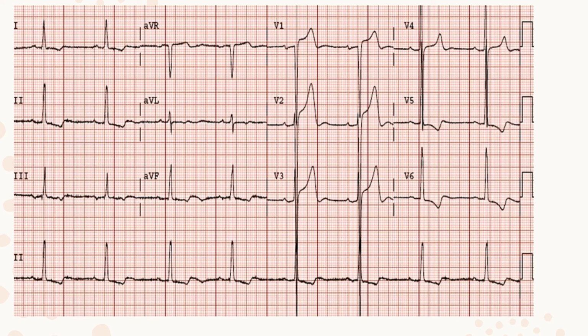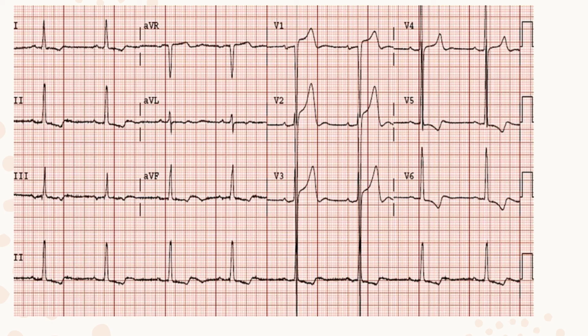Now what have we got? V1 and V2. I can't even measure where those end. I think it's coming down to here. Is this V2 going all the way down to here? I'd say he has hypertrophy. I don't know about you guys, but I would definitely say that is more than 35 millimeters. I think it may go somewhere down here, 5, 10, 15, 20, 25, 30, 35, 40, 45.